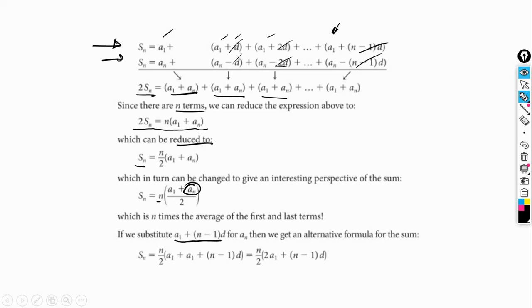So if we substitute that here, we're going to get finally an alternative formula for the partial sum of an arithmetic sequence, which is n halves times 2 times the first term plus the number of terms minus 1 times d.